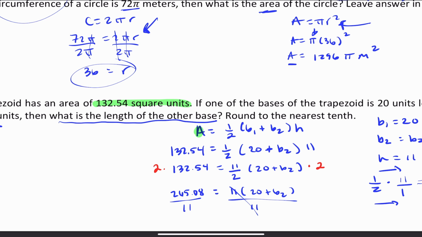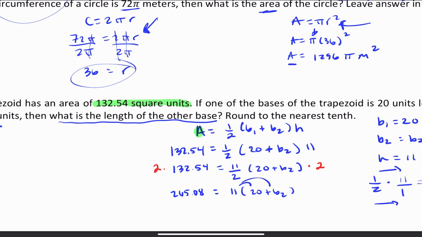So that is 265.08 divided by 11, and ooh, that is a weird, nasty fraction. All right, we're going to round at the end here. Or maybe, you know what? Let's just make this neat. Let's try this. Instead of dividing, we're going to go ahead and distribute.